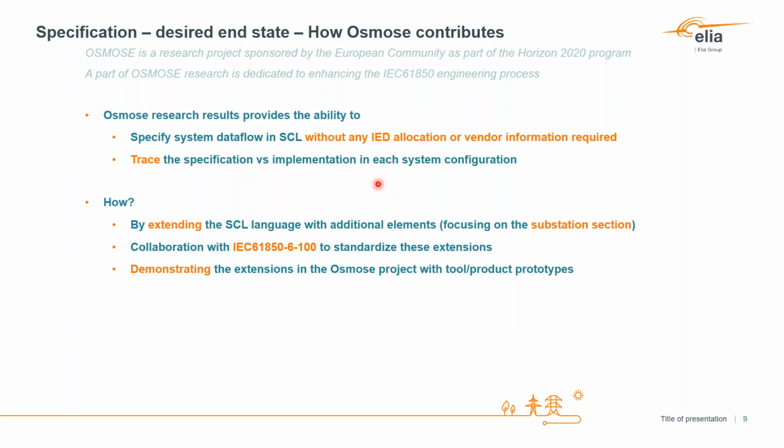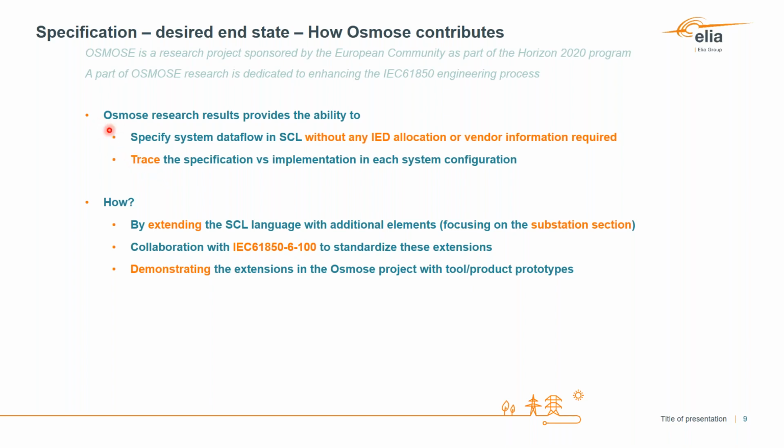So we can really make an independent specification. And also we can now trace the specification into the files that reflect the implementation of the specification. So these are two very important points which allow us to respond more to our definition of a good specification.